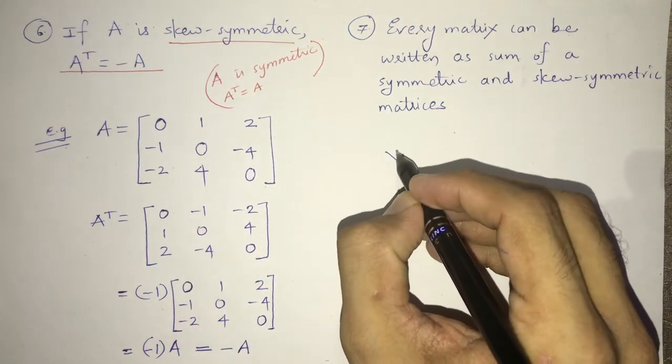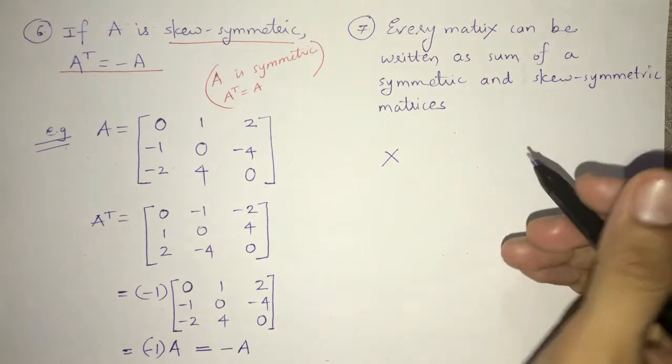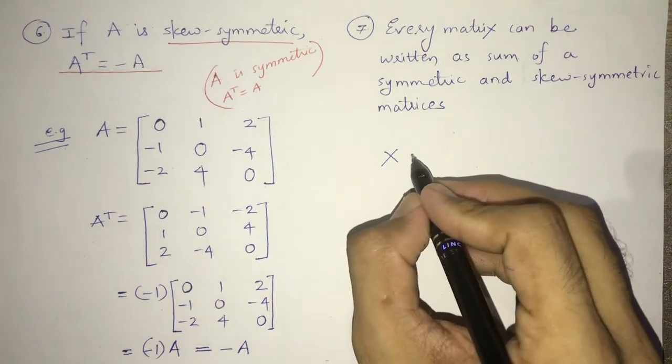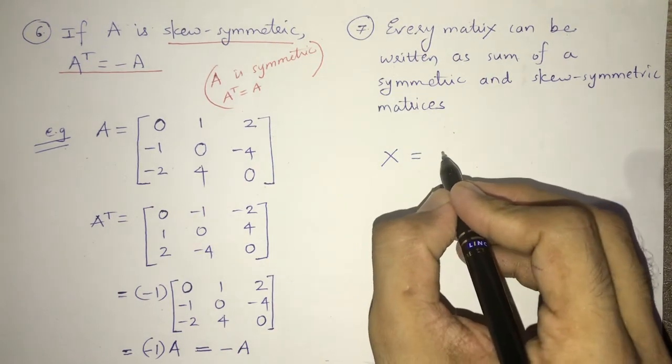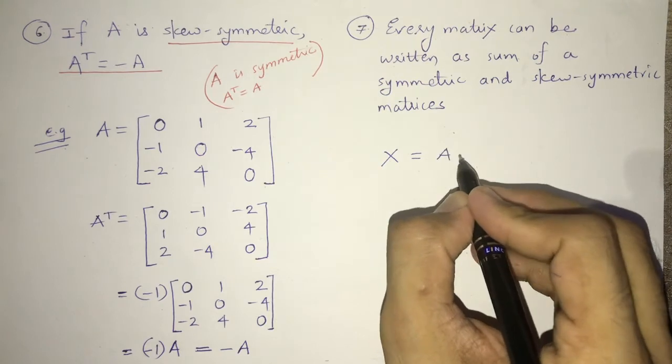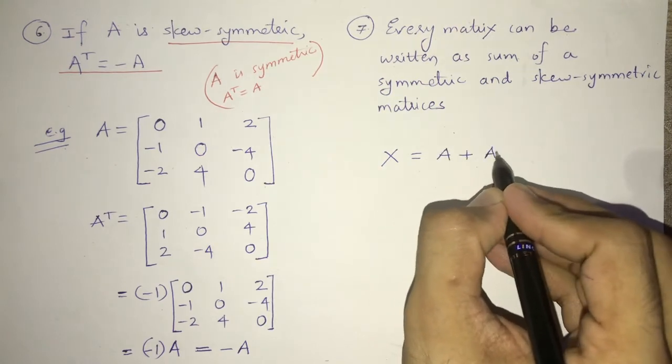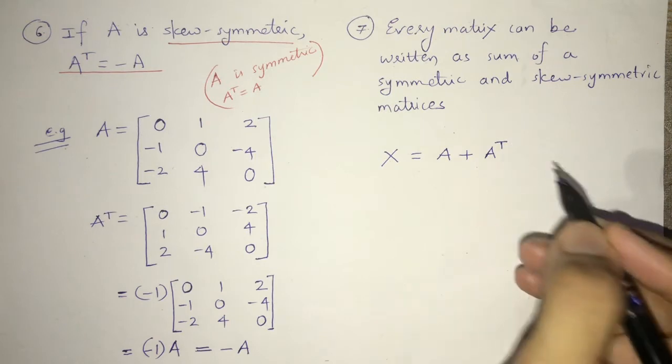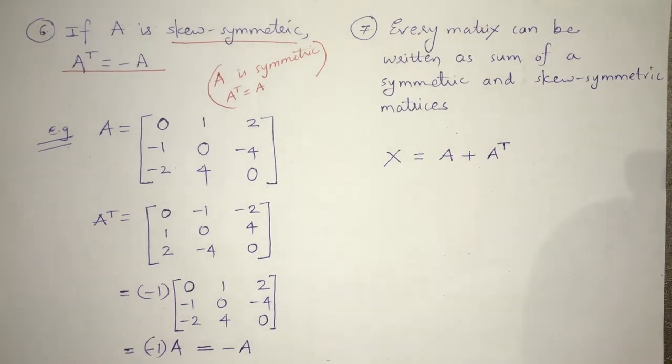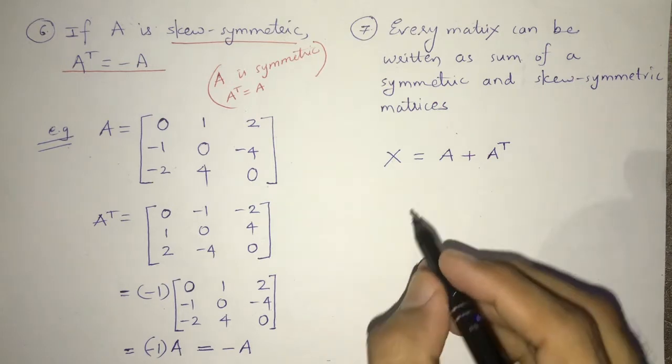First, let us define a matrix X. Matrix X is A plus A transpose. The statement is every matrix can be written as sum of a symmetric matrix and a skew symmetric matrix. So right now in step 1, X is A plus A transpose.